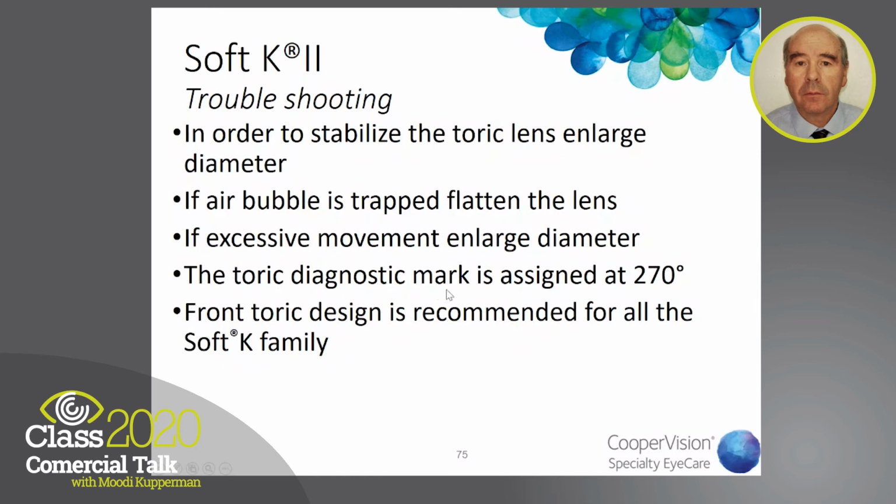The toric diagnostic mark assignment is at 6 o'clock, 270. Front toric design is recommended for all the soft K family. This is very important, as I explained before, because we don't want to change the shape of the base curve after we have fitted the lens.